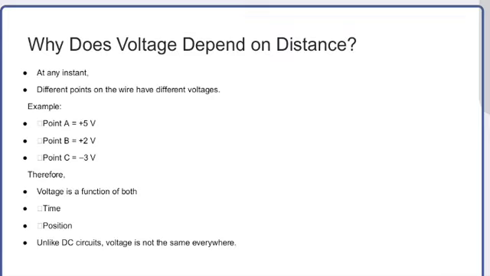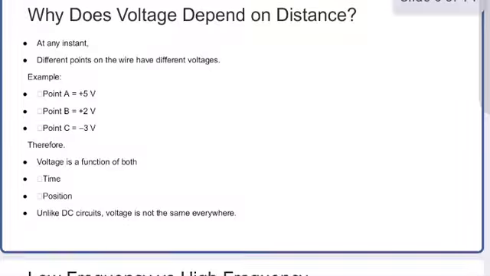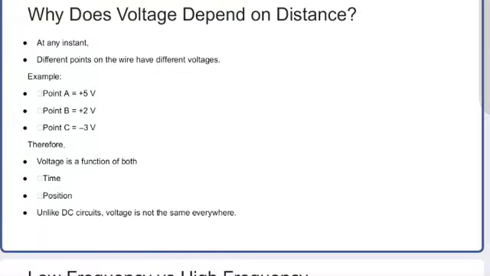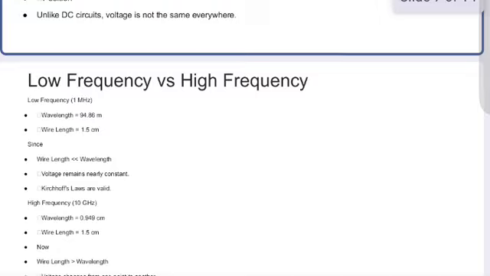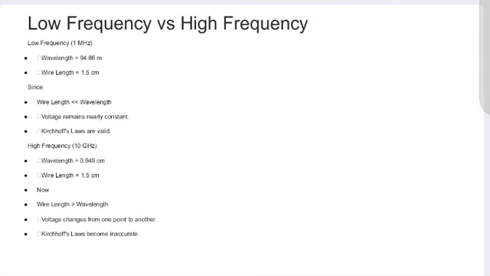We could easily say that at different points there is actually a different voltage flowing through the wire, and this is why distance and time play a vital role in defining how the circuit is going to behave. Unlike DC circuits, where the voltage is the same all over the wire, in this case it will not be the same.